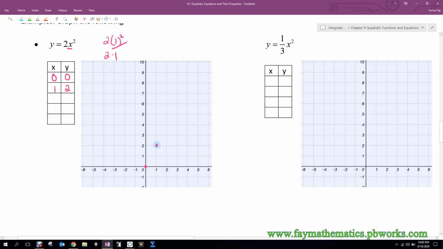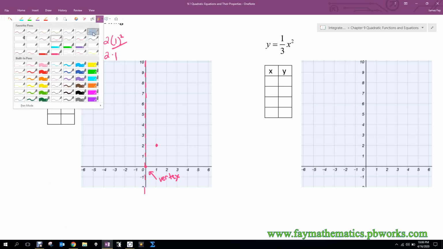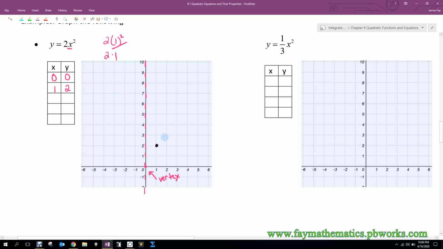Okay, so here's the nice thing. Because I know that that's the vertex, and because I know that my axis of symmetry passes through the vertex, we should know that this point right here, at (1, 2), when I fold on this pink dotted line, is going to reflect over here to (-1, 2).